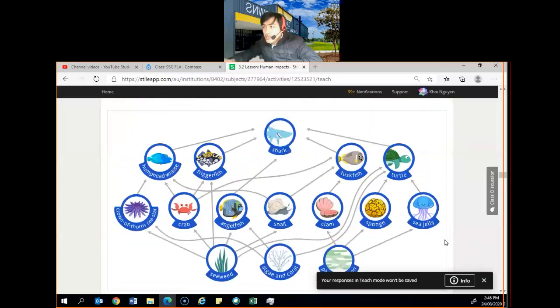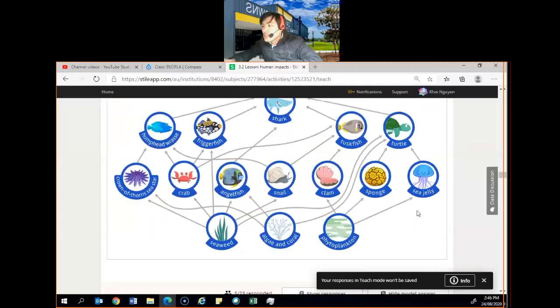Perhaps the reason why they didn't consider that is because the turtle still has algae and coral to eat. They still have sponge. The population of sponge hasn't changed, and the population of sea jelly hasn't changed. So perhaps because of that, their population would still stabilize for a little bit.